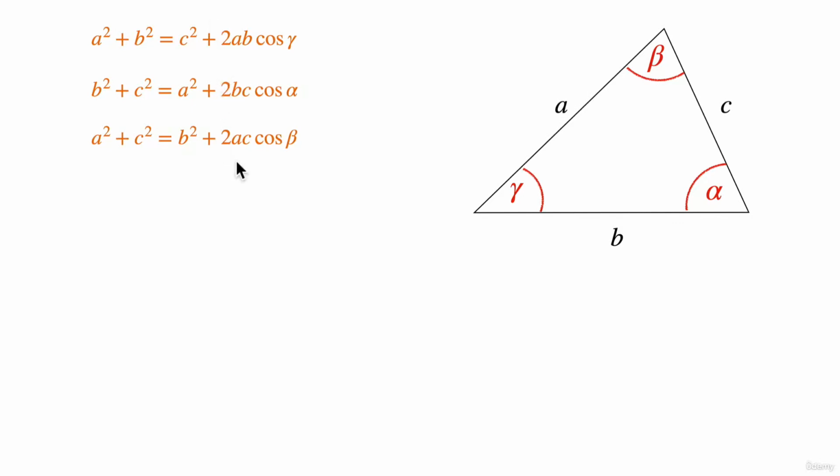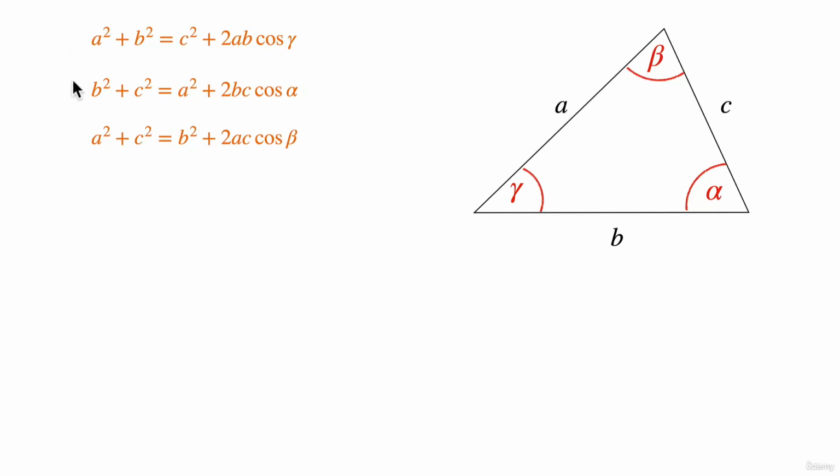And for the same reason, if alpha is equal to 90 degrees, then a will be the hypotenuse, and a squared will be equal to b squared plus c squared. Or if beta is equal to pi half, then this here will disappear, b will be the hypotenuse, and b squared will be equal to a squared plus c squared.